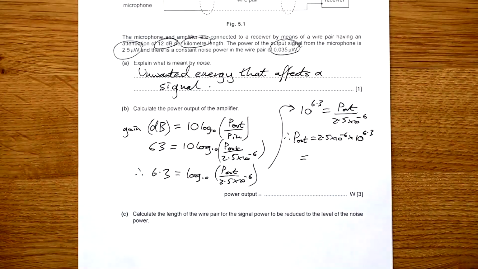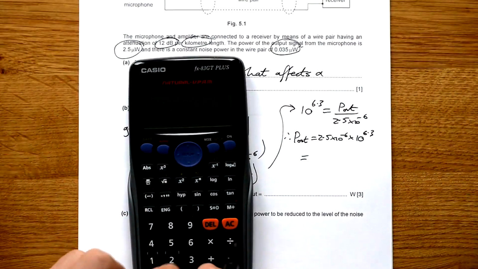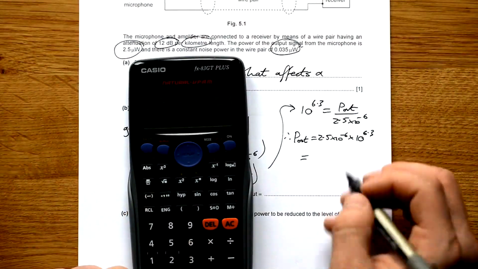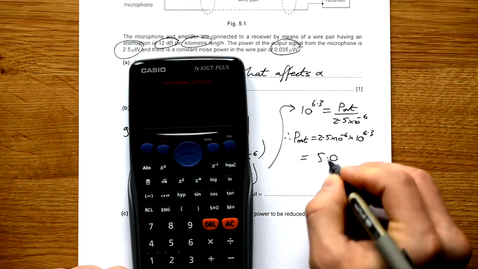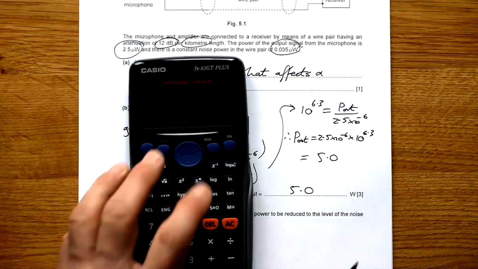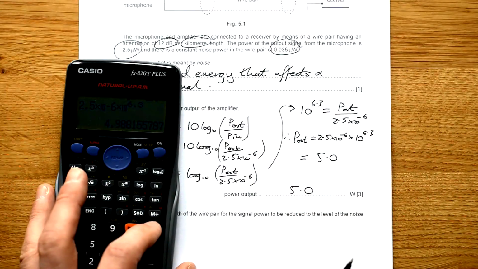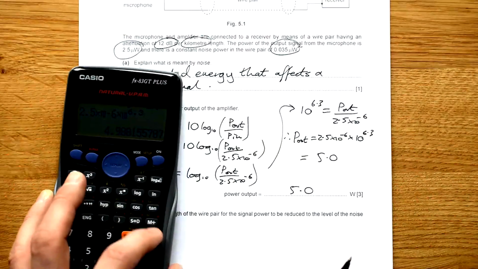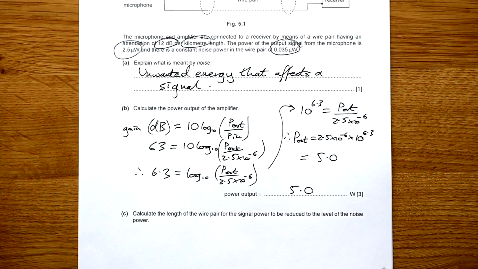That gives us power output of 4.99 watts, or 5 watts to 2 sig figs. Also, just taking the shortcut with the calculation, times 10 to the minus 6 times 10 to the 6.3 gives you times 10 to the 0.3. So you could have just done 2.5 times 10 to the 0.3. That would have also given you 5.